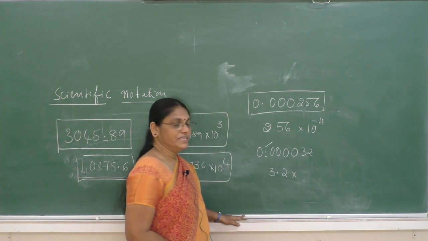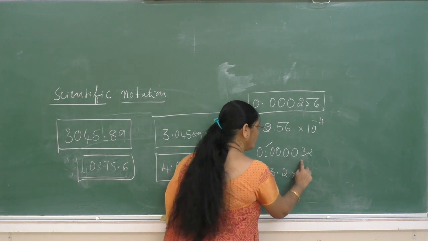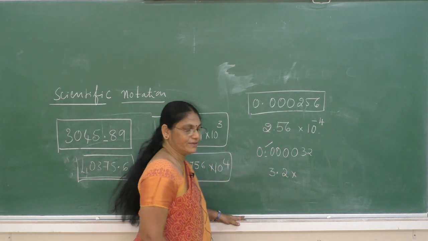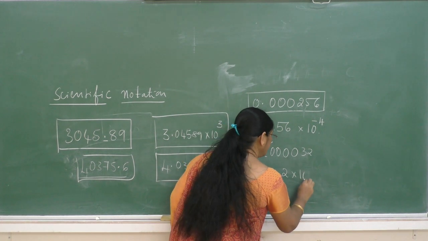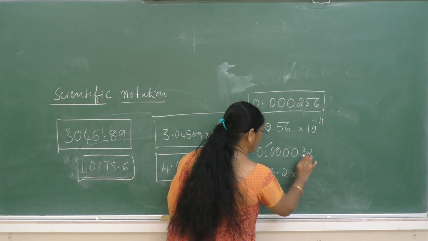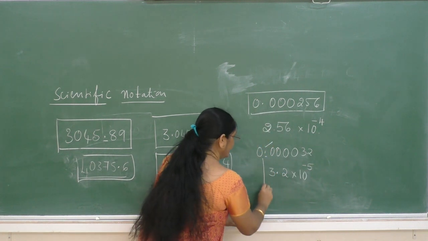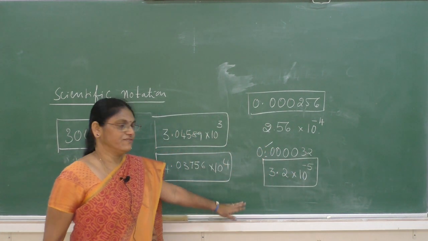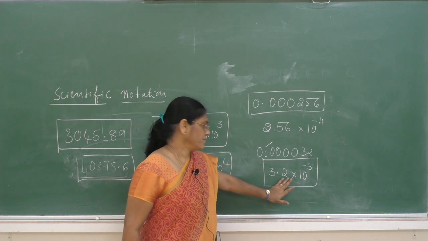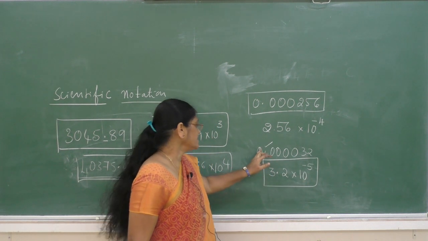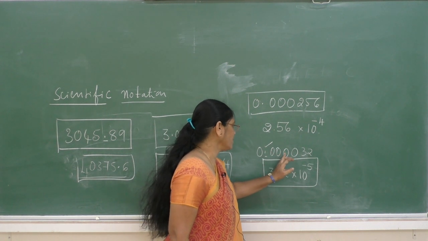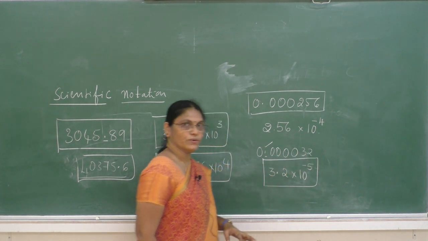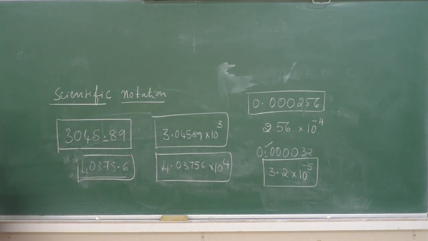So this decimal point is moved towards the right side. So this becomes 10 to the power minus 5. So this is the scientific notation of the number 0.00032.